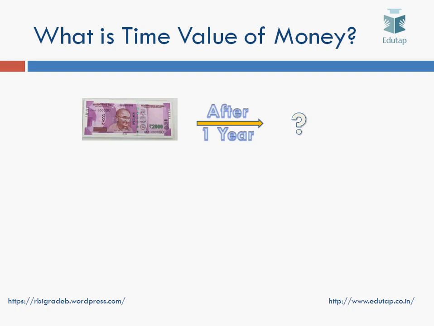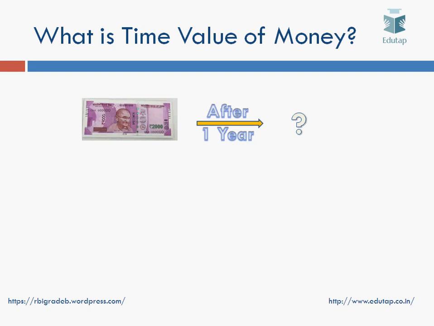Some people would say that the value of 2000 after 1 year would remain 2000. Suppose you keep this note of 2000 in your almirah and you take it out after 1 year, the value would remain the same. But then also, in a way, the value would have decreased, because today in 2000 maybe you can buy, say, 100 breads, but down the line after 1 year, in the same rupees 2000, you might be able to buy, say, only 90 breads.